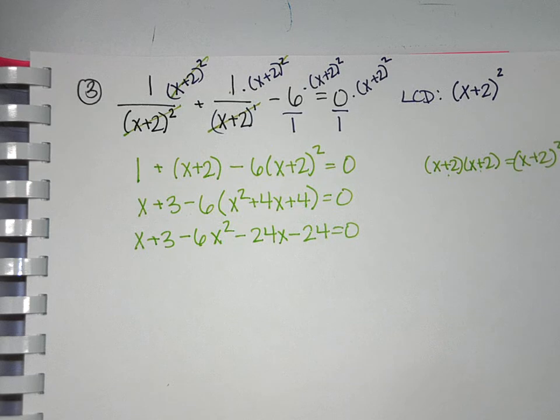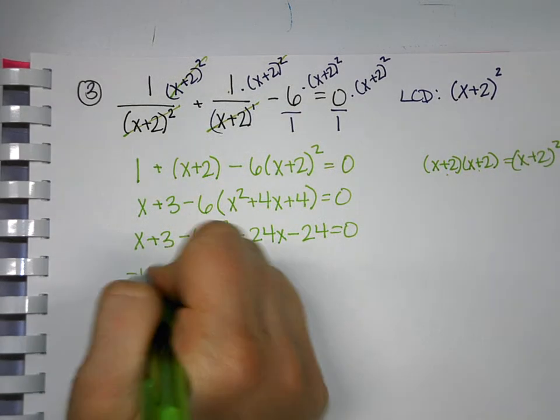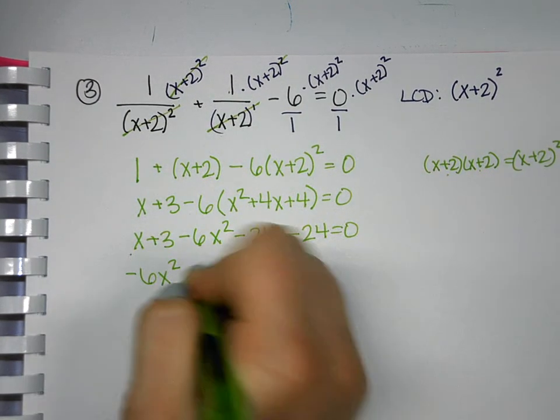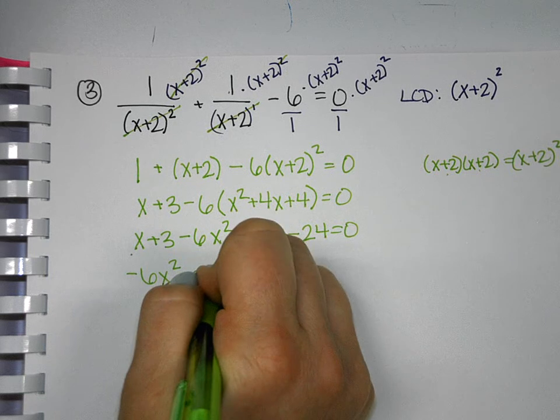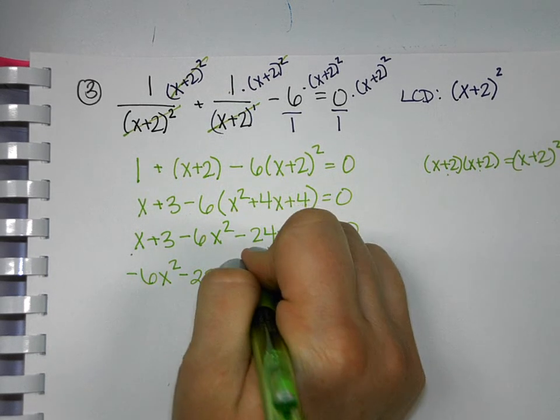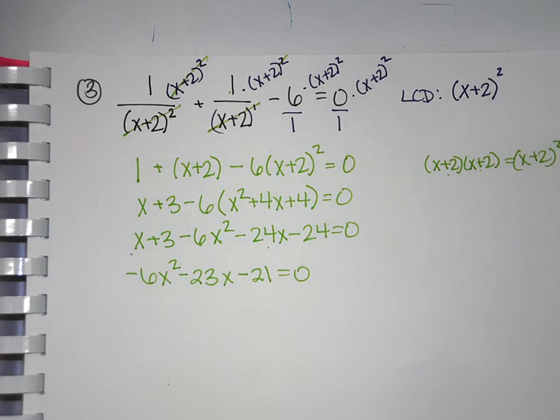Now I can combine like terms. So -6x squared, 1x minus 24x will give me -23x, and 3 minus 24 will give me -21. And I have it equal to 0. So now we're at a point where we can actually factor and solve.